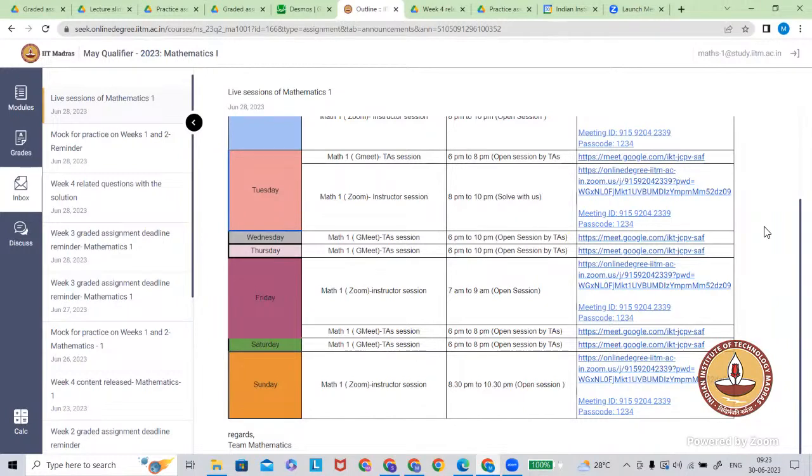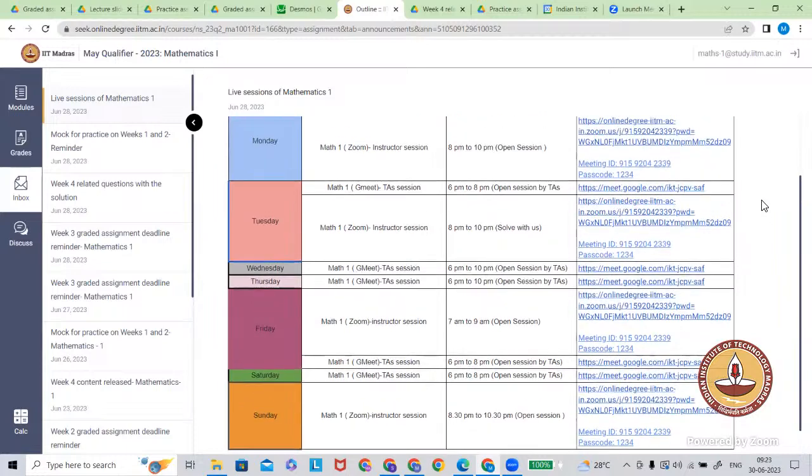Programmed messages, meaning they tell that today these classes are at these times, and these are the links. I don't think so. Maybe some student is doing it. I don't think there is a group for maths or the online degree for all this.